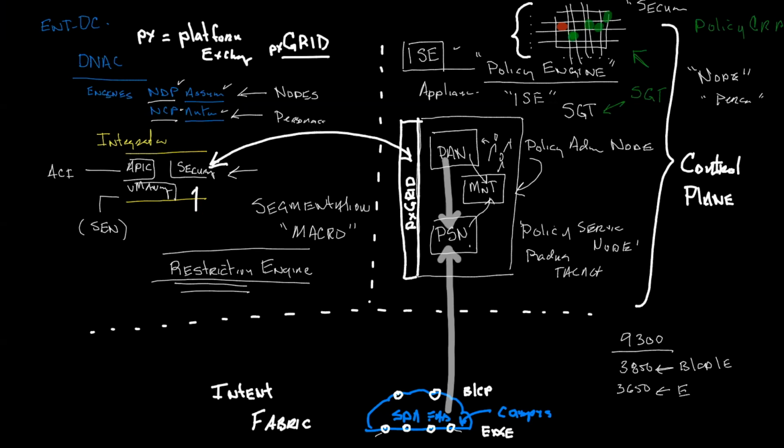So what's happening here is the DNAC is actually learning the pxGRID, all of that information. So I'll have that matrix. I'm going to have the contract that's going to be deny. I'm going to have all of those contracts that are going to be permitted.